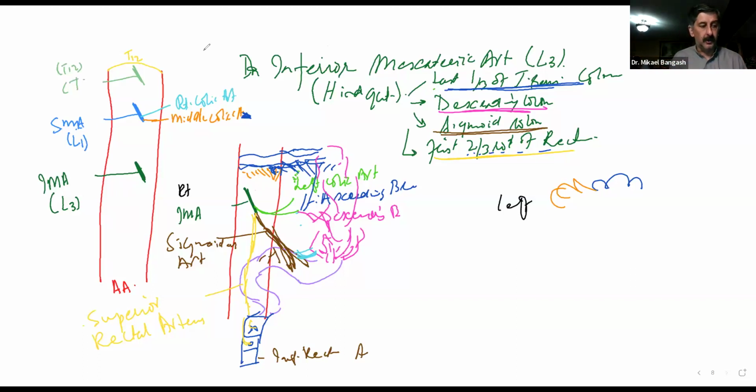So these were our 3 unpaired arteries that branch off our aorta. Did you guys get that?